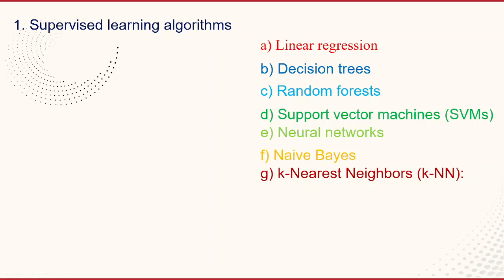This algorithm classifies data based on the majority class of its K nearest neighbors in the feature space. It is often used for classification tasks and can handle nonlinear data sets with many features. So these are several applications of supervised learning algorithms.